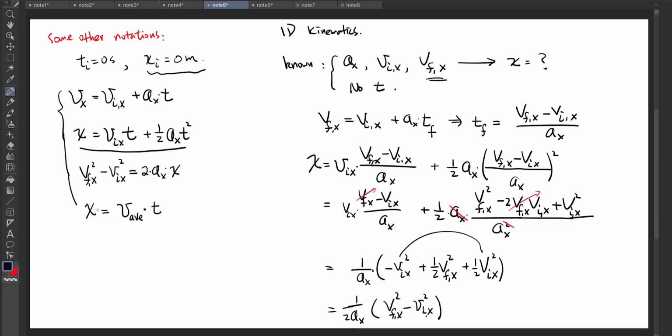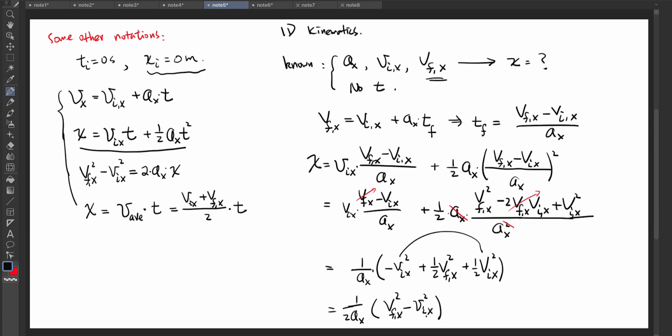It's the average velocity times the total time, and that should give you the total displacement. But how to understand this v average expression? I can tell you that it's simply 1/2 times the initial velocity plus the final velocity, divided by 2, and then times t.